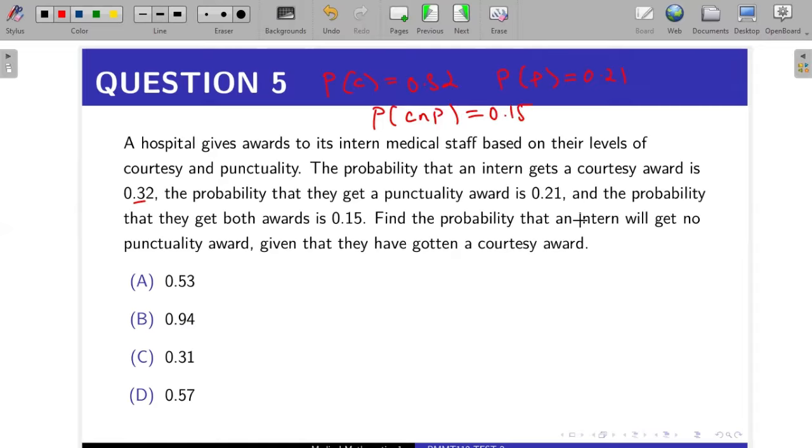So now the question is find the probability that an intern will get no punctuality award given that they have gotten a courtesy award. So here we're going to use the complement rule. We are first going to find the probability that this intern gets the punctuality award given that they have gotten the courtesy award. And then we're just going to subtract that probability from 1 to get the probability that the intern will not get the punctuality award.